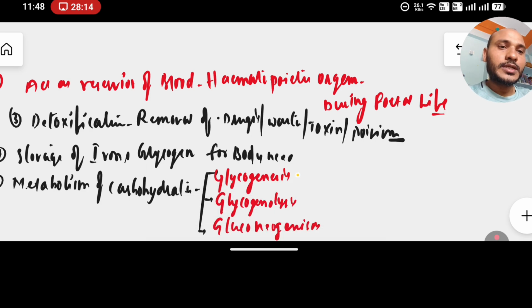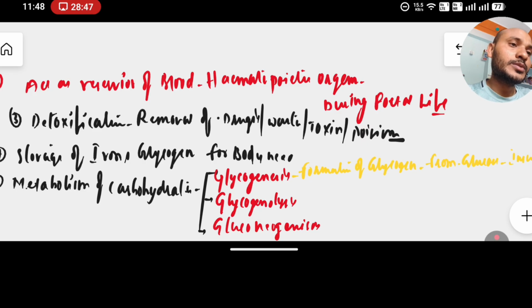Here glycogenesis means formation of glycogen from glucose. Genesis means synthesis, and lysis means breakdown. In the presence of the insulin hormone, glycogen is formed from glucose. That process is called glycogenesis.